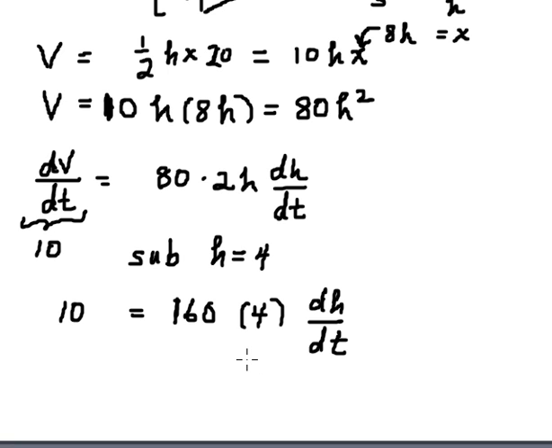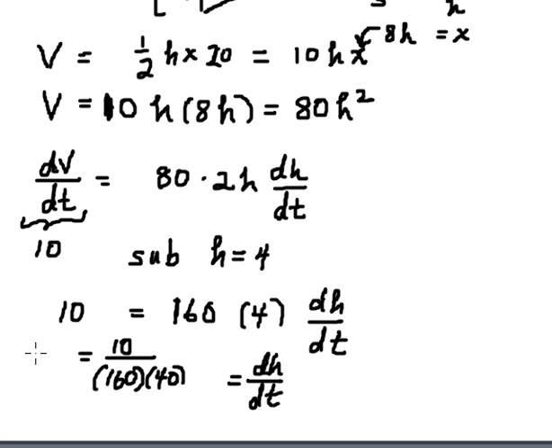So then we'll just divide by 160 times 4, and dh dt is 10 divided by 160 times 4, or 1 divided by 16 times 4, and that comes out to 1/64.